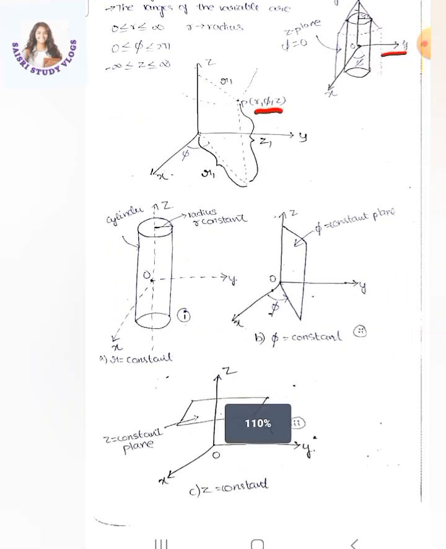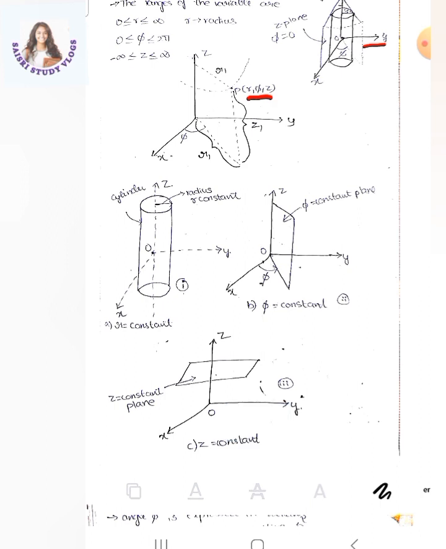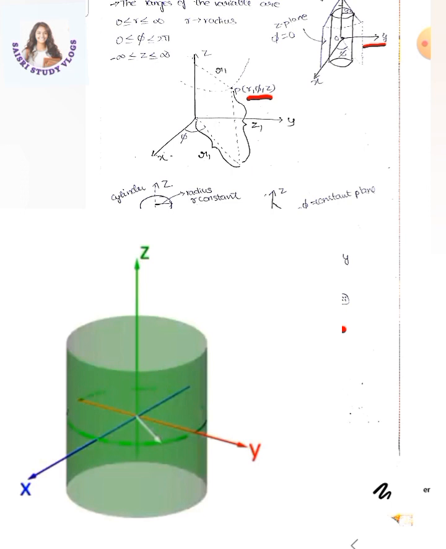Let us see the three cases: r is constant, phi is constant and z is constant. Let us see these animations so that you can understand them better.